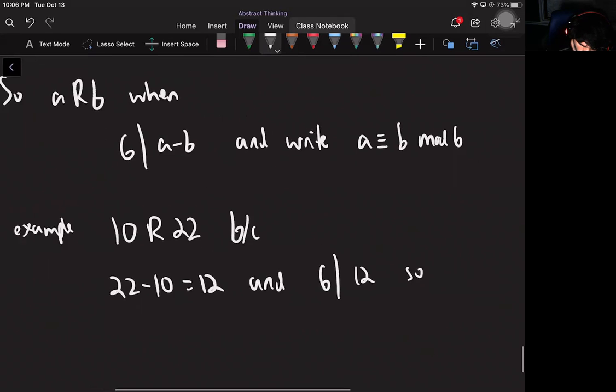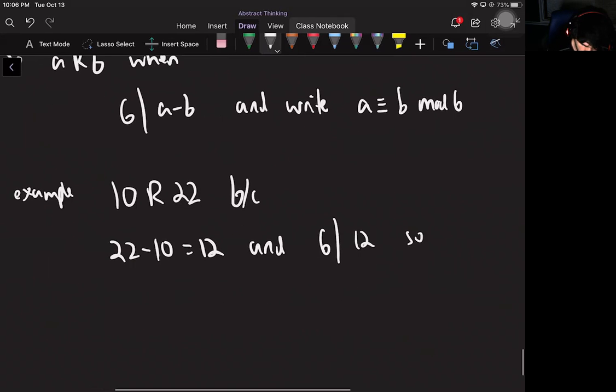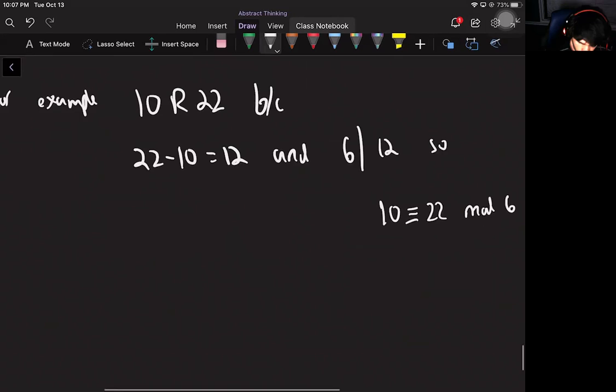So what we can write is that 10 is congruent to 22 mod 6 is a thing that we can write. It's true. So that's one element in the relation.